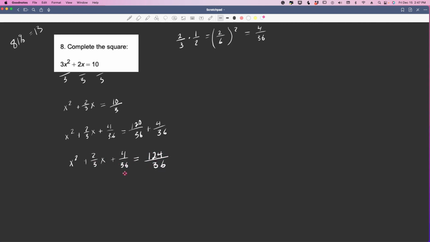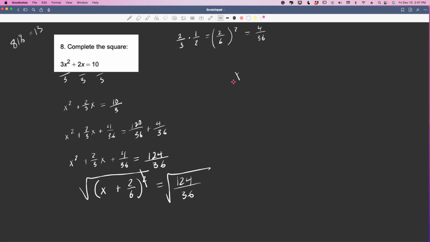Now I can factor, and I get that x plus 2 over 6 squared is equal to 124 over 36. So I'm going to unsquare this side, and I'm going to unsquare this side. And when I do that, this cancels.